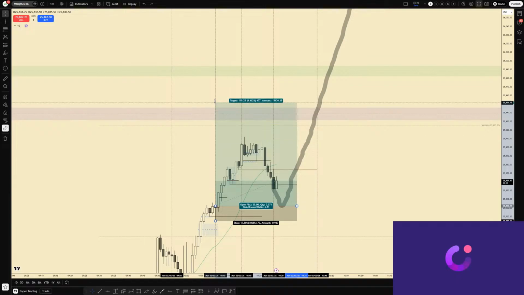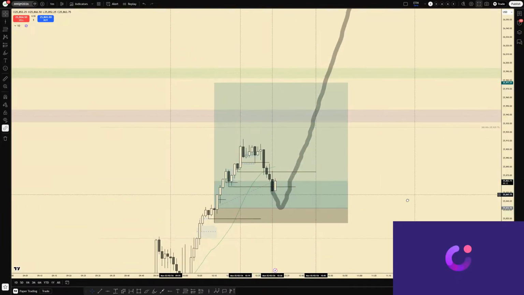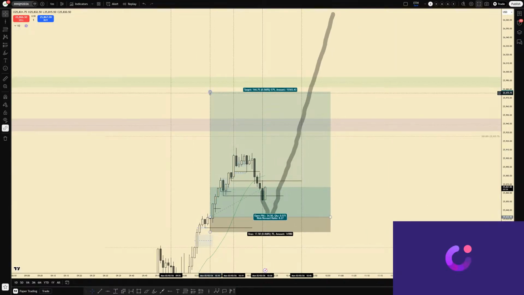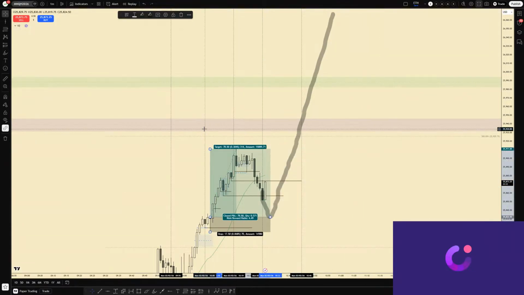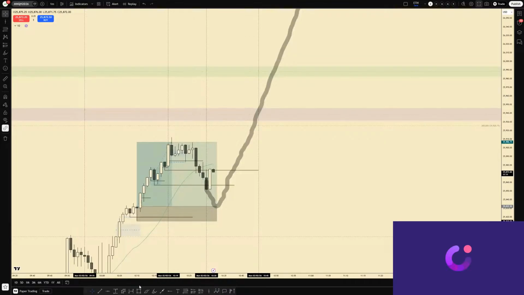I wouldn't want to get this 8R or even 10R, if I have the chance to get this 4R and be done, because this is still a risk, okay?